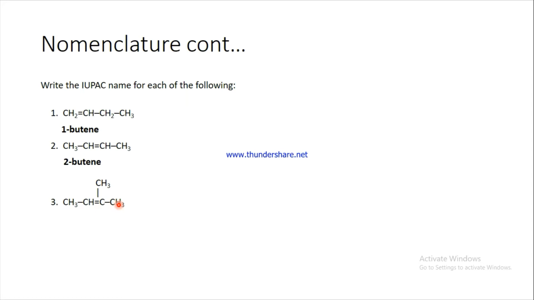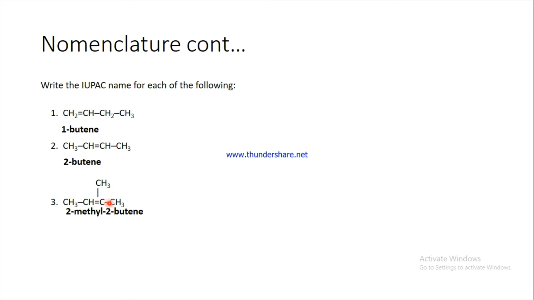It's quite interesting. If you'd like to pause, you might try it once again. So this one automatically becomes 2-methyl-2-butene. The methyl group is on carbon number 2, as well as the double bond is on carbon number 2.